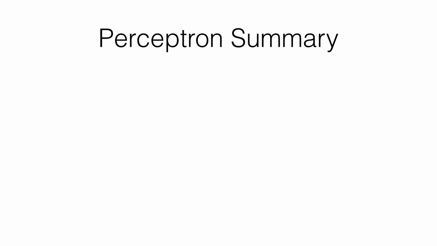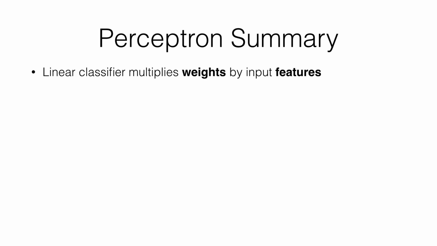Okay, so let's summarize. We're almost done. So the perceptron is a linear classifier that multiplies weights by input features. So that's the whole output procedure at test time. At learning time, we learn by updating when we're wrong.